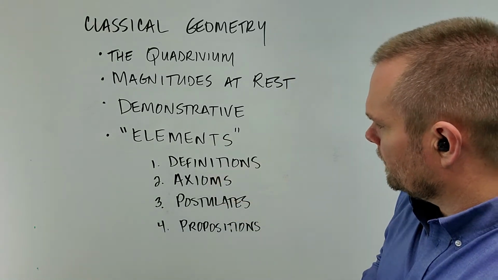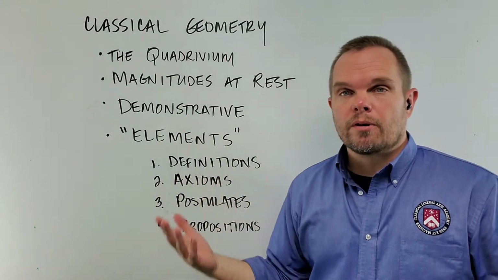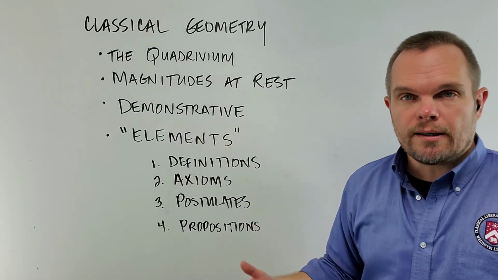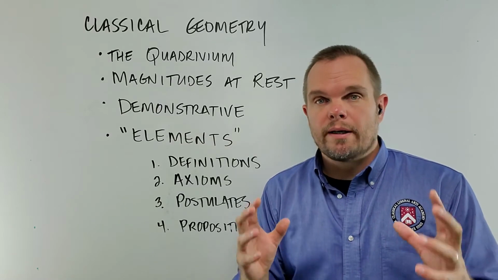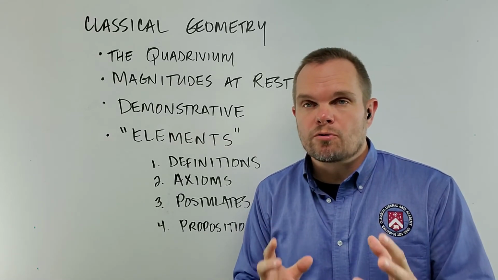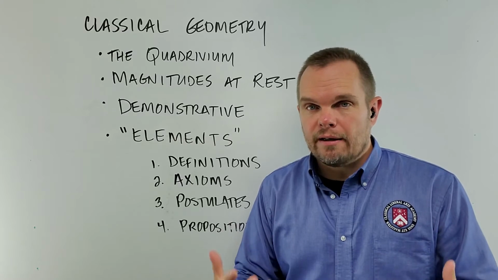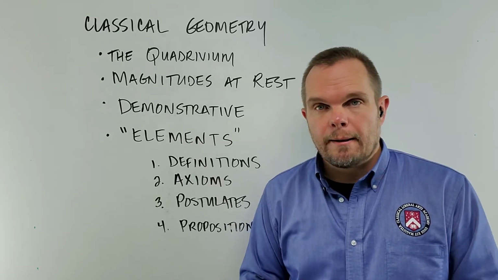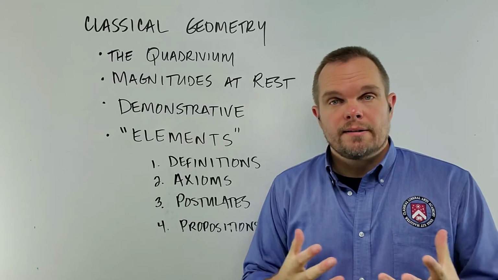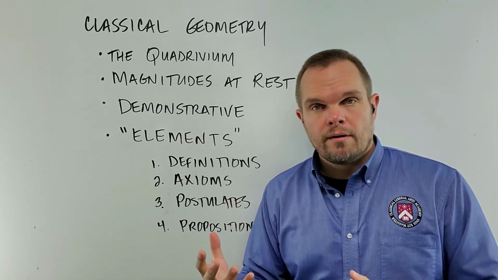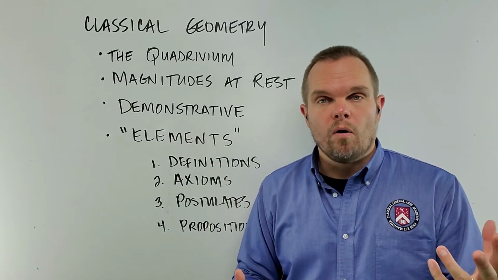That's the first part. The second part, we're going to study axioms and then postulates. Axioms are statements that we know are absolutely true because they're self-evident. They don't need any proof. An example of an axiom is that a part is less than a whole.